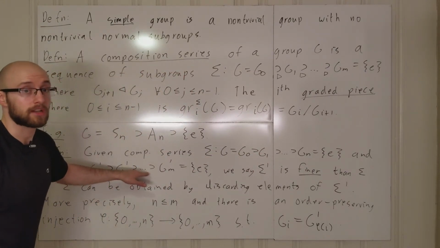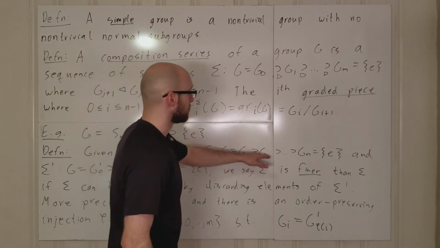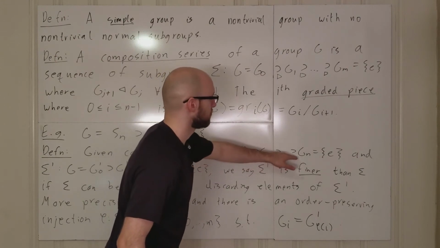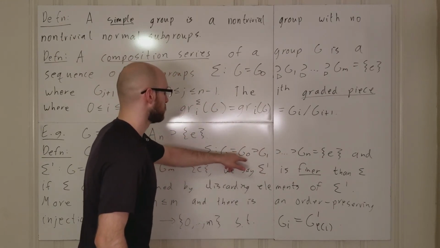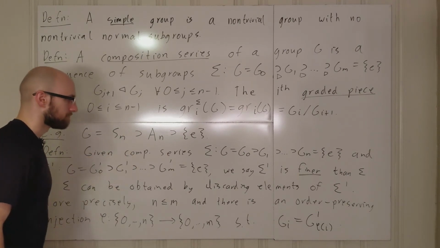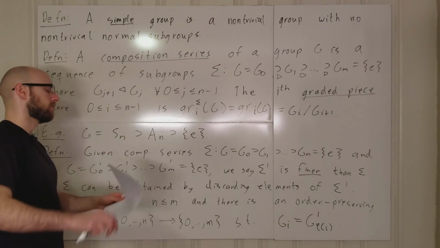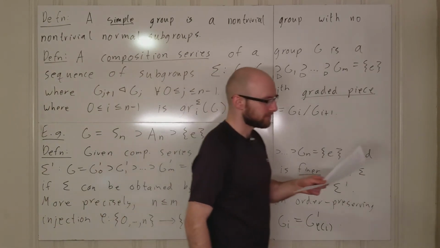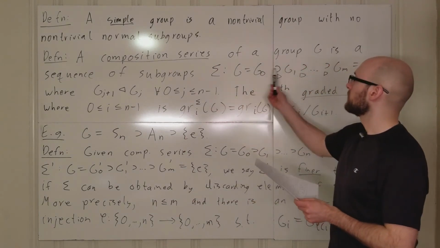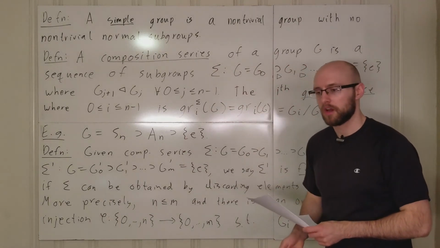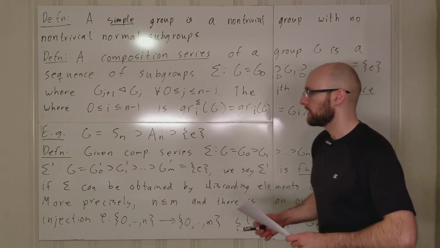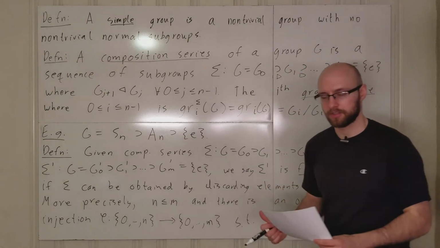You don't need to associate all of them, but it has to be order preserving, and it has to be injective. You can't have G naught being equal to both G naught prime and G1 prime. Although I guess in some sense, we didn't really specify anywhere in here if these are required to be strict inclusions. So, yeah, but in any case, you can make this an injection.